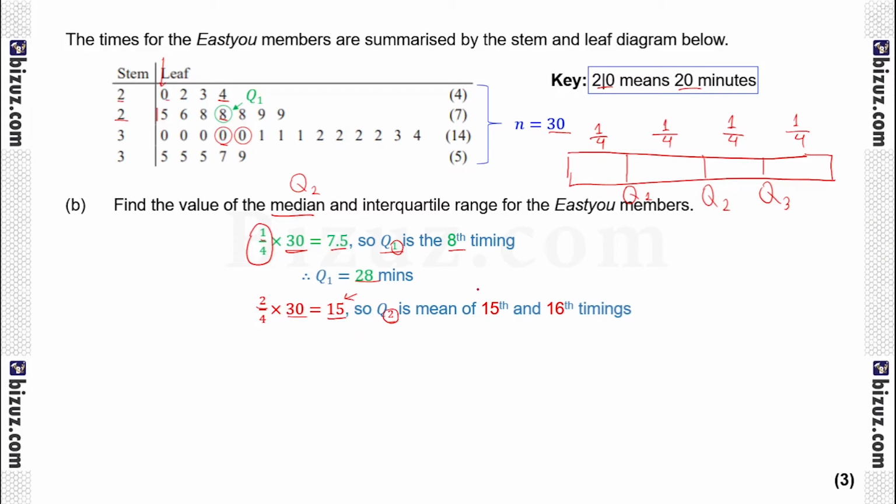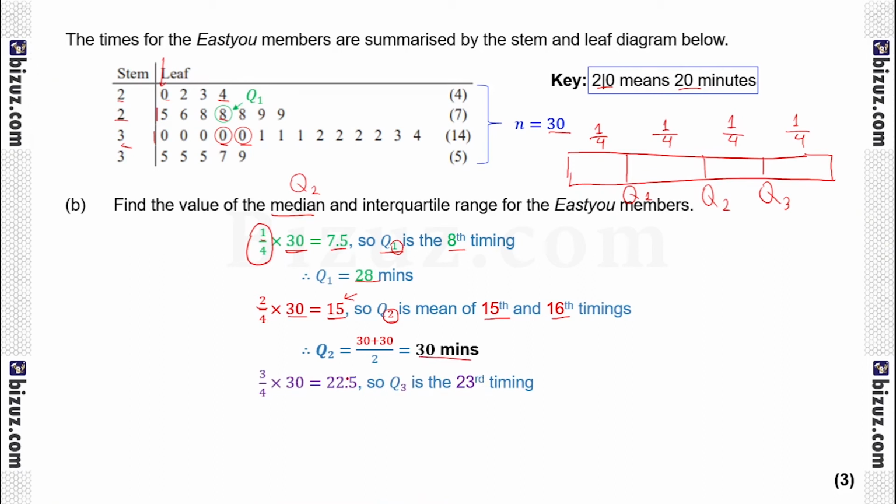When you have a whole number, you take that position, the 15th one, and also the one above it, the 16th one, you take the values at those positions, and then you take their average. So what are these values? It's 3 bar 0, and this one is also 3 bar 0. Both of them are 30. 30 plus 30 divided by 2, that's the mean, and then you get 30 minutes, and this is one of our answers, the median. So half of the question is done.